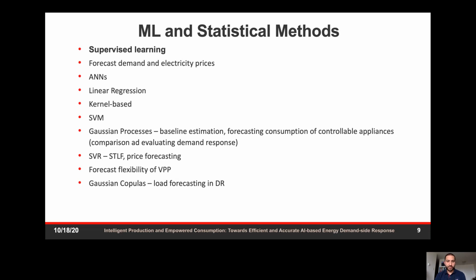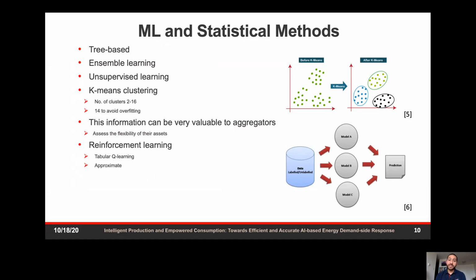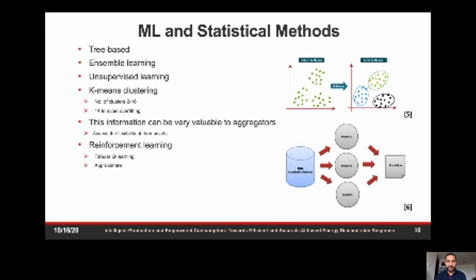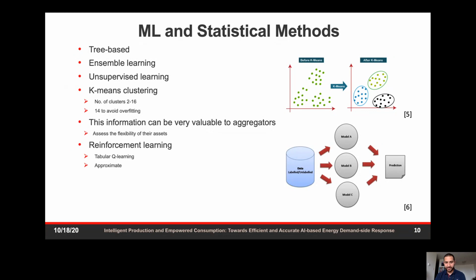Heating, cooling, and so on. Tree-based methods are used, like k-means clustering. Unsupervised learning, on the other hand, is when a training set is not provided.